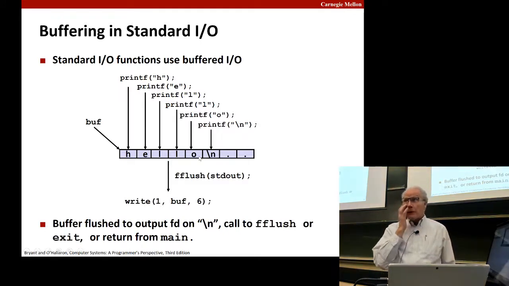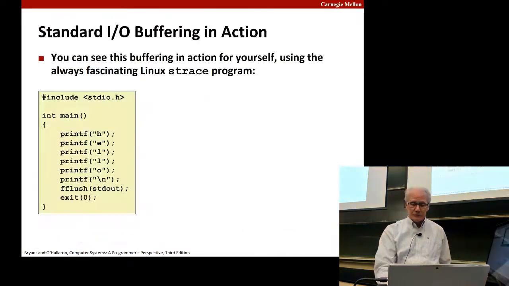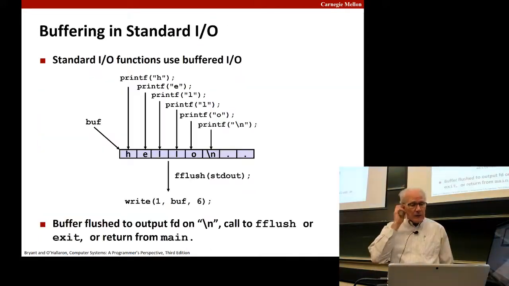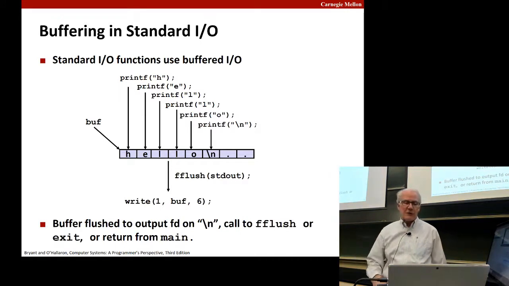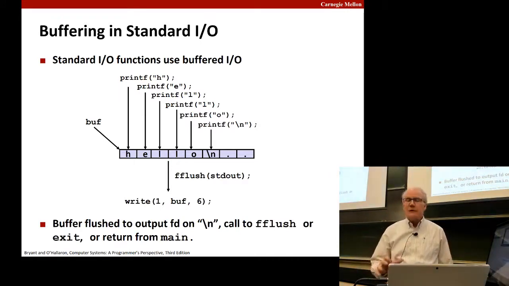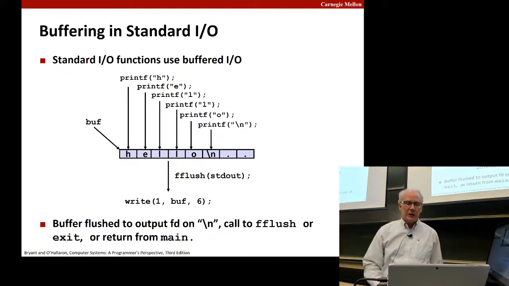If I really want to force it to get printed out, then I have to call a function called fflush. Only after that happens, in response to that flush call, will this buffered I/O library routine do the actual write of these 6 characters.